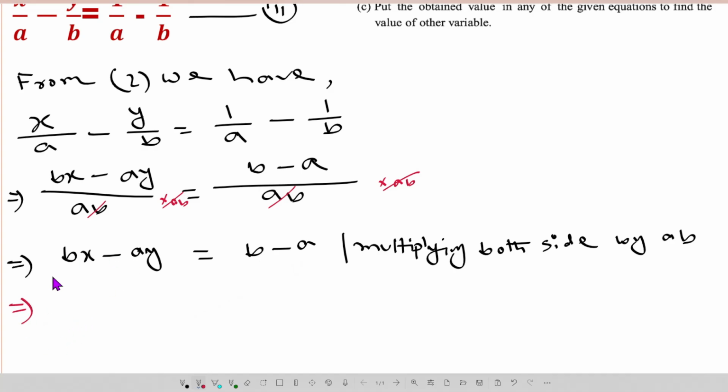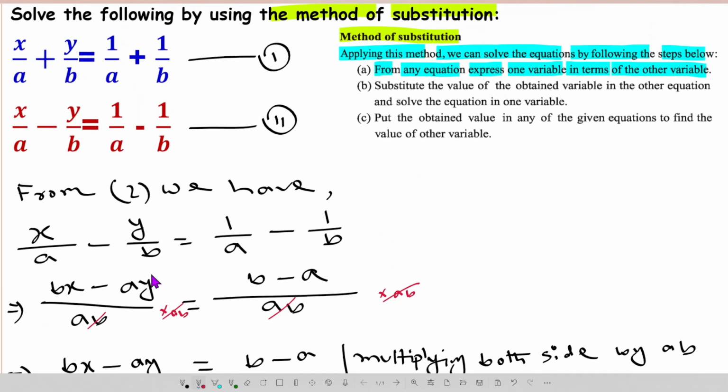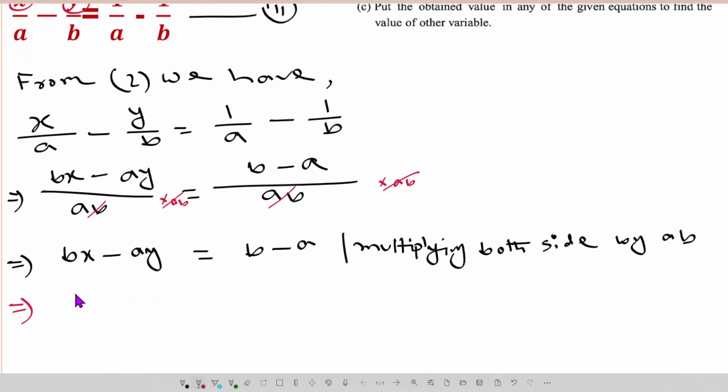Now, the step says from any equation express one variable. So look, here are two variables, x and y. First we have to find one variable. So here is bx, and we can write minus ay becomes plus ay on the other side, plus b minus a.